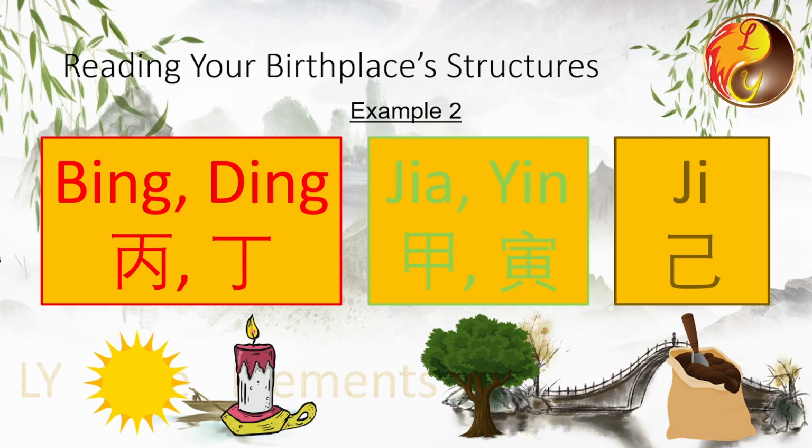Another issue is that sometimes when you are making assessments for others, you might find that some of your assessments aren't accurate. For example, Bing represents the sun. Can you accurately determine which direction in someone's home has the sun? That's not possible. So it's better to avoid making such assertions.